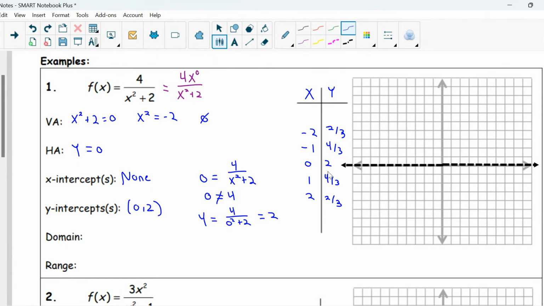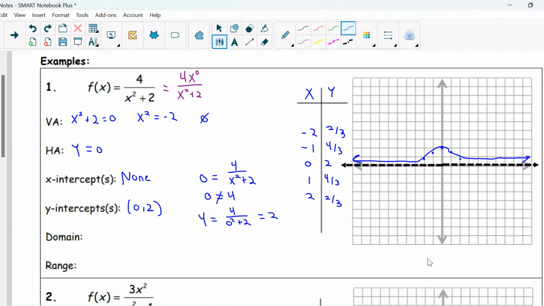So I'll actually start with 0 and 2, since that's my starting point. -1 and 4/3, so 1 and 1/3. And then I've got 2/3, and the same thing on the other side. And that's going to give me a graph that looks something like this, which is a little different than what we were looking at in the last lesson.